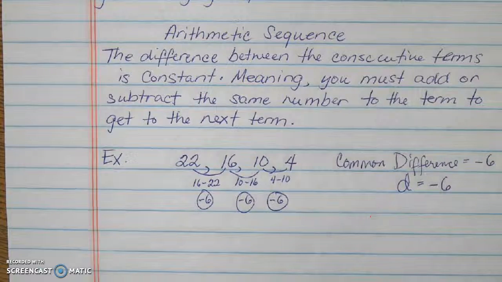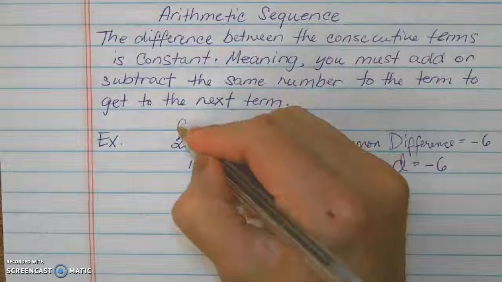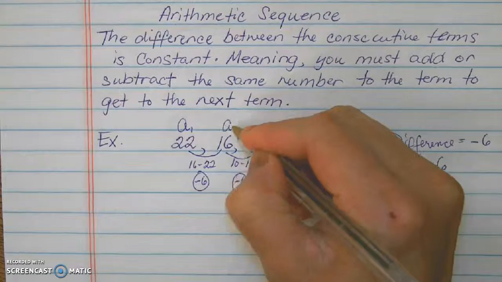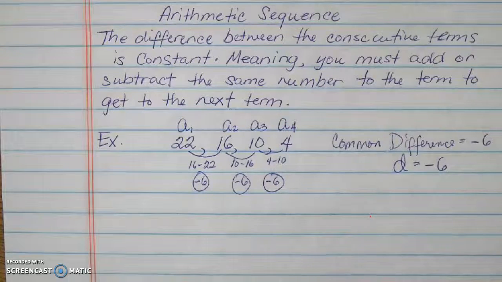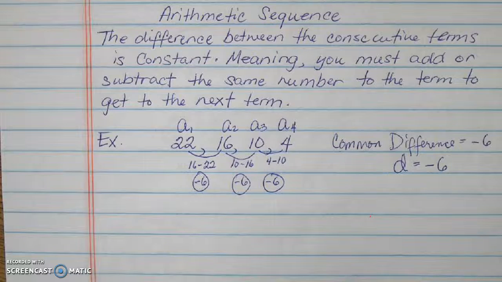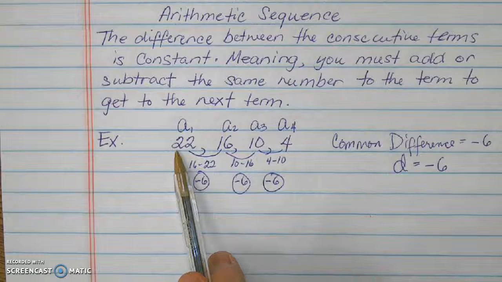So how does this work? Let us examine this. I will call this my A1, this is my A2, this is my A3, and this is my A4. Let us pretend that we do not know our A2, but we know our A1. So how will we get A2?